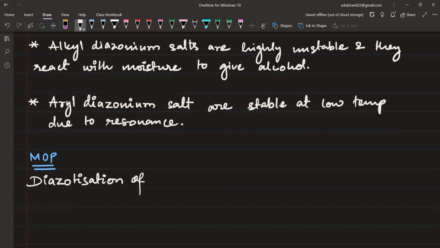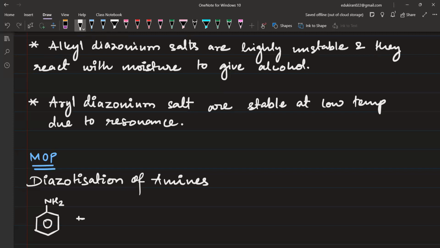Diazotization of amines. अमीन्स में आपके पास दोनों आ सकते हैं, अल्काइल भी आ सकते हैं और एनिलीन भी आ सकता है ना. हम लोग लेकिन क्या देखेंगे, एनिलीन का देखेंगे. NH2 because it is going to give you aryl diazonium salt which are stable, है ना, which are stable.